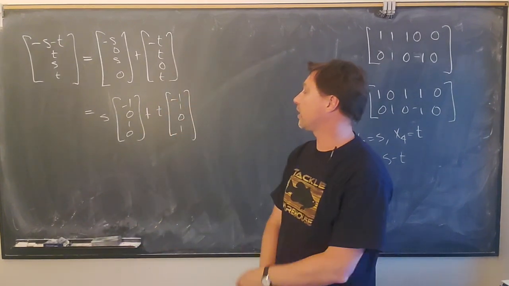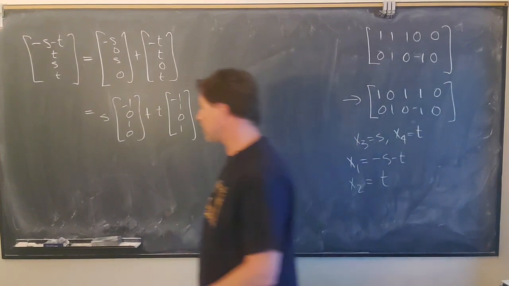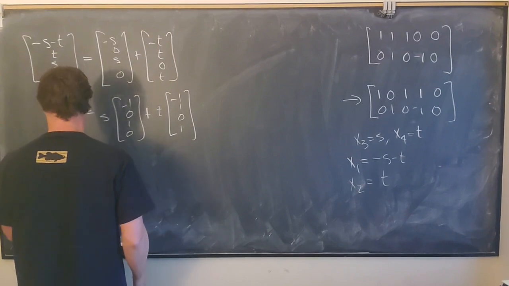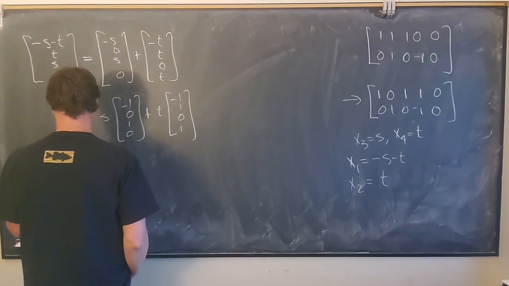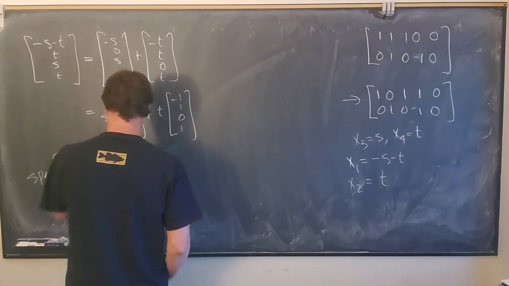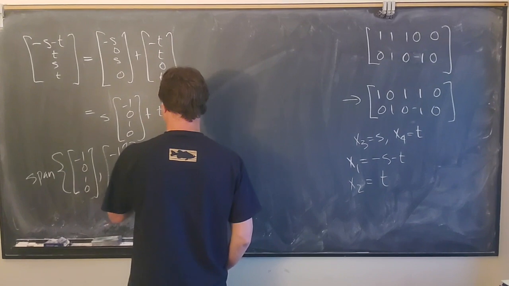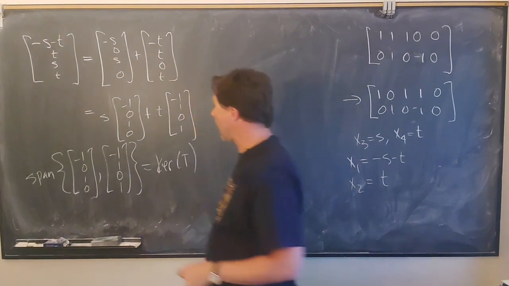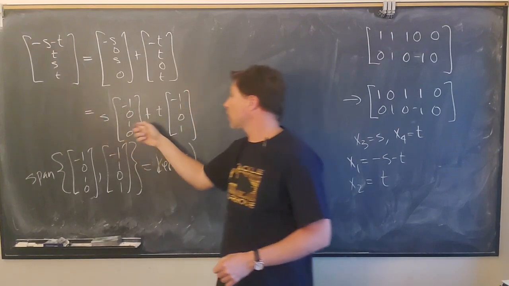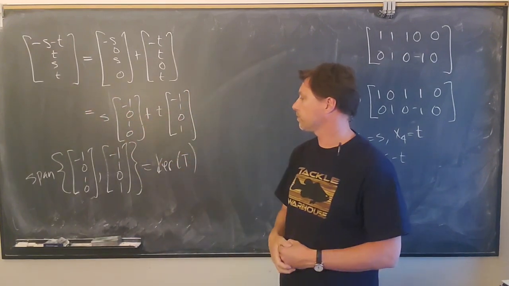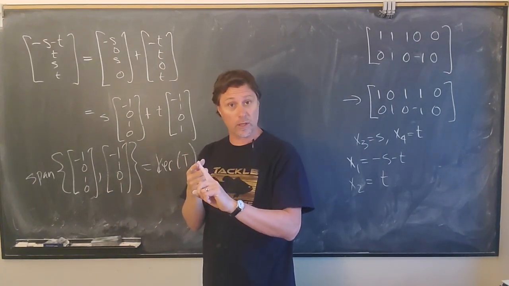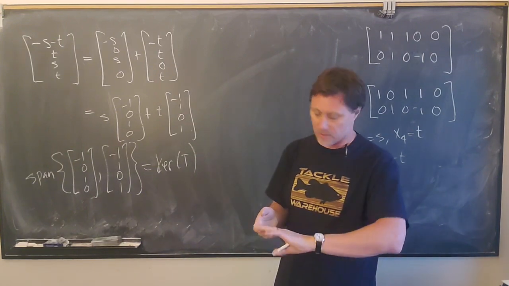So what is this telling us right here? It's telling us that the kernel of T is equal to the span of the set minus 1, 0, 1, 0 and minus 1, 1, 0, 1. Why is that? Because every vector of this form can be written as a linear combination of these two vectors. Also, remember, when there are two vectors, to decide whether they're linearly independent, all you need to do is check to see whether one is a multiple of the other.